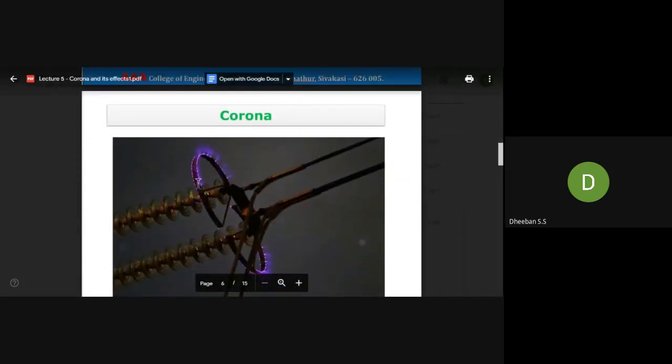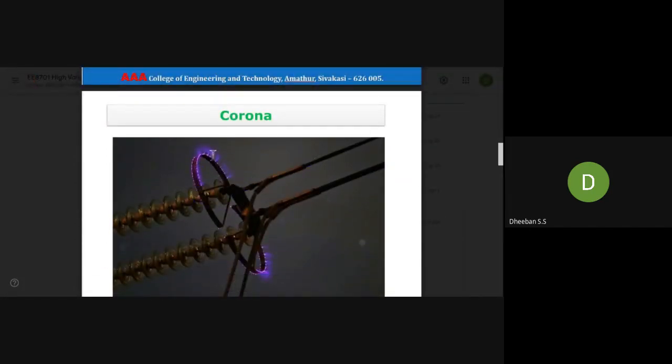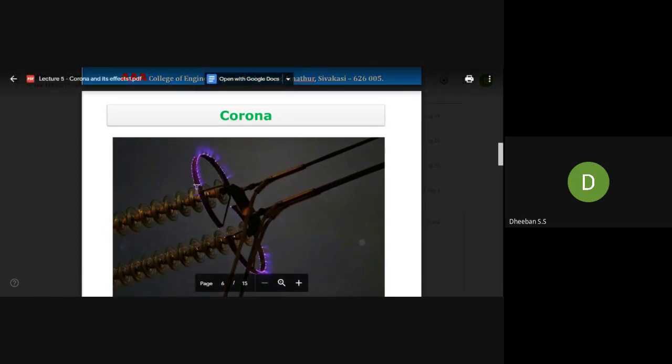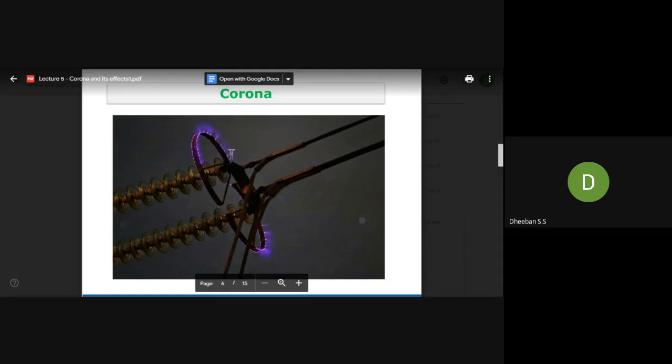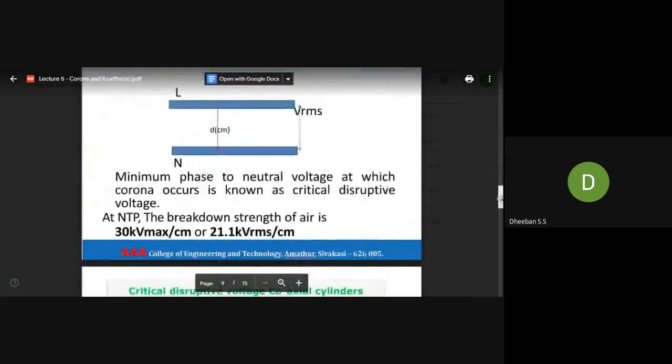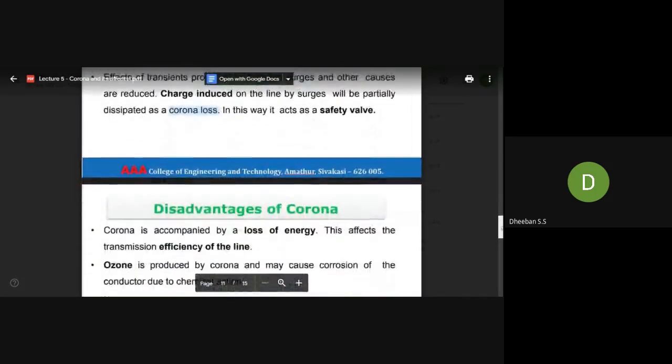So through the entire conductor, there is some dissipation of energy. What is desirable is that the electrical quantity must flow through the conductors, but here it is dissipating as losses. So that's the first disadvantage.